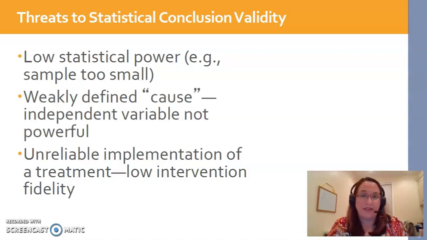There are errors that sometimes happen, and the reason it happens is because we did not have enough people in our study. Our sample size was too small. So with statistical conclusion validity, we can't be 100% sure that our intervention really didn't work. The only way we can try to prevent statistical conclusion validity issues is by having a big enough sample.